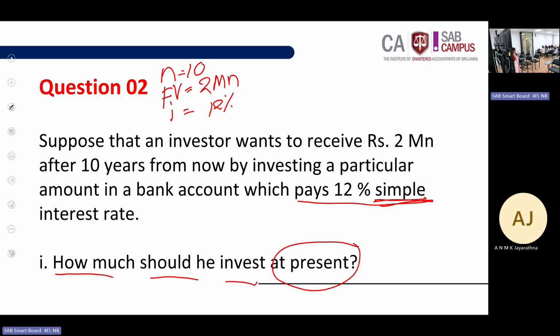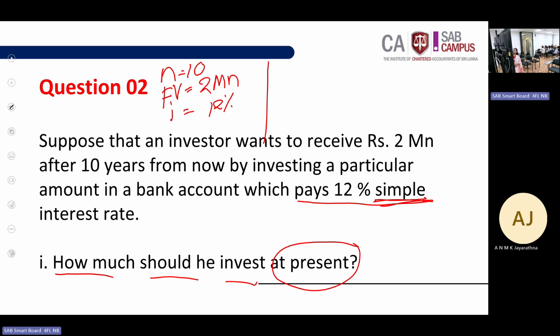Once you see these two words, future means after 10 years, so definitely write it down quickly: that is FV. Present means year 0, so write that down too: that is PV. Okay, so we'll calculate.